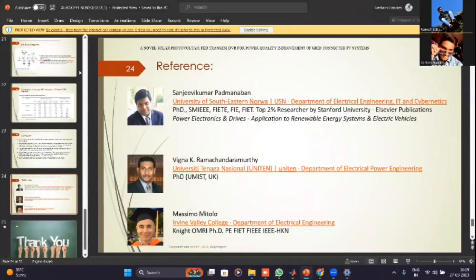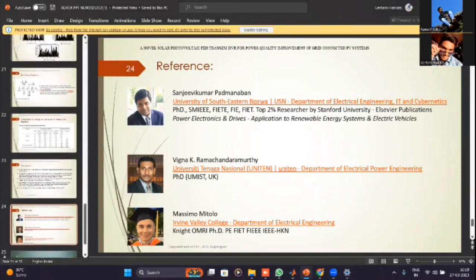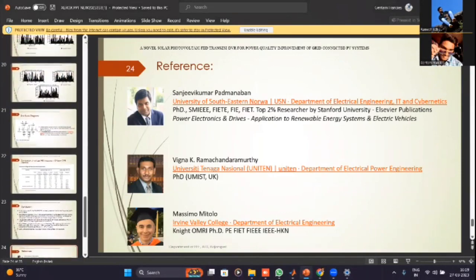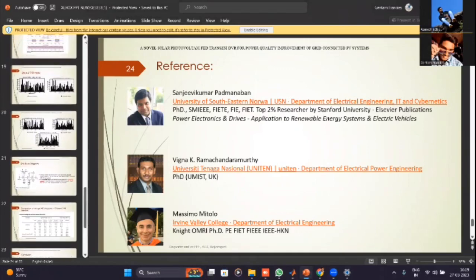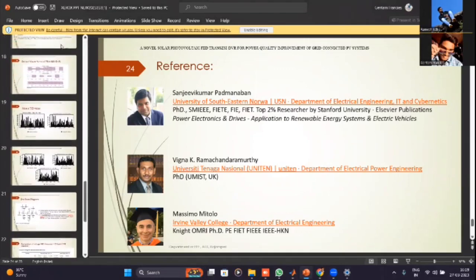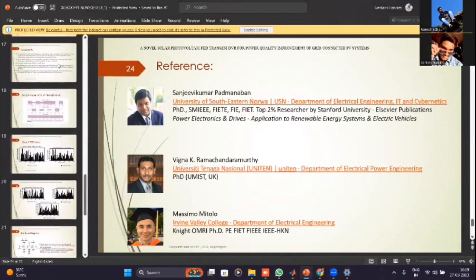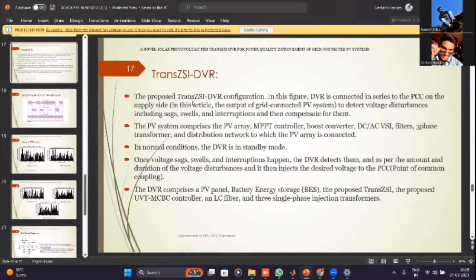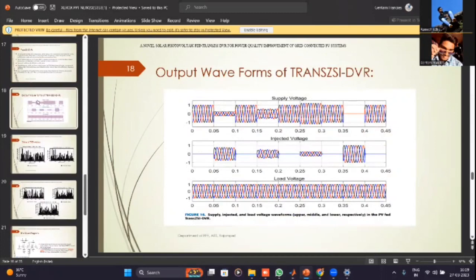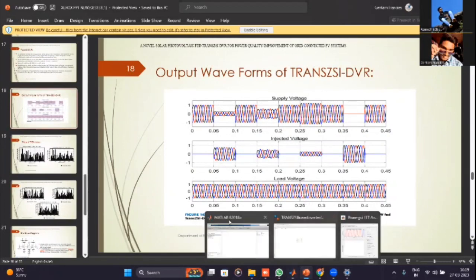As we have seen here, these are the output waveforms of TransZSI-DVR. We are comparing the theoretical values with the practical values.